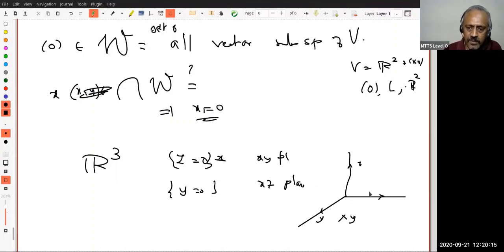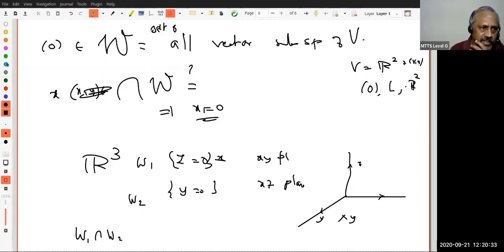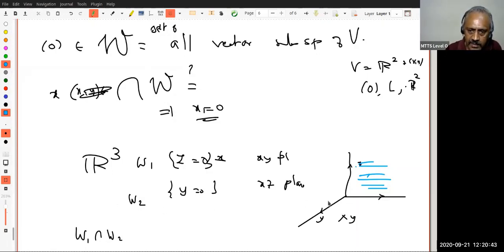You understood that? Now I want to know what is common. This is your W1. This is your W2. I'll just try to draw some kind of picture. I hope you get it. This is xz, and the next is xy. So let us use some other color. So what will be common?